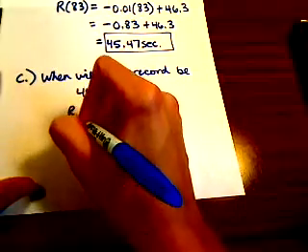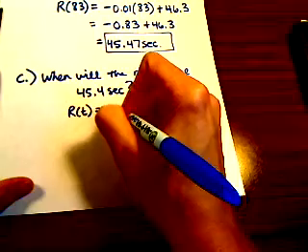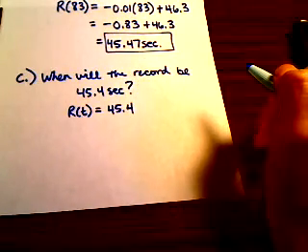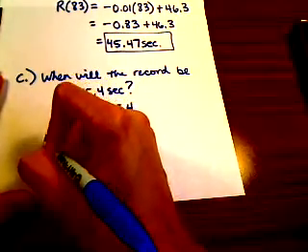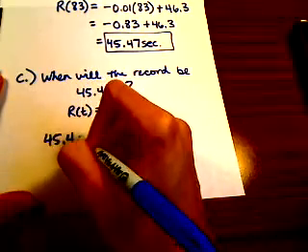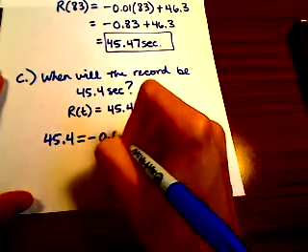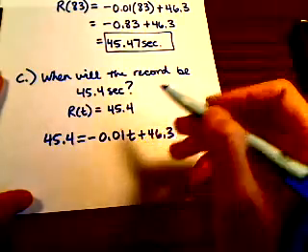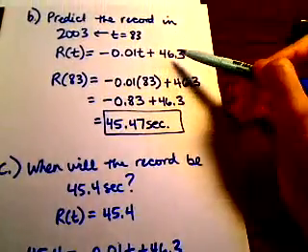So this right here, r of t is 45.4, so that's a y value. And what we want to do then is we want to actually plug that in for the r of t in our equation and then solve for the t. So it's going to look like 45.4 equals negative 0.01 t plus the 46.3, and that's coming from this equation right here.